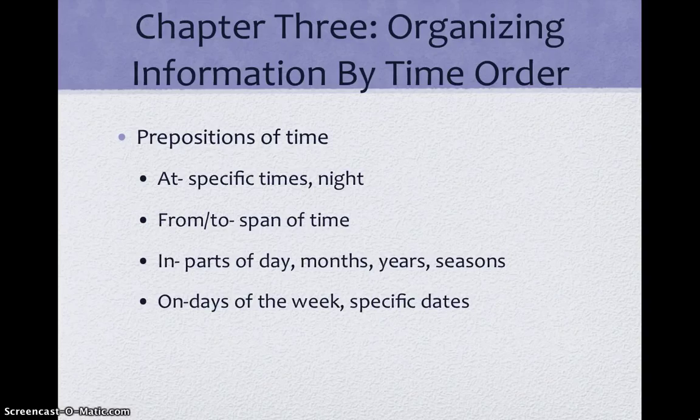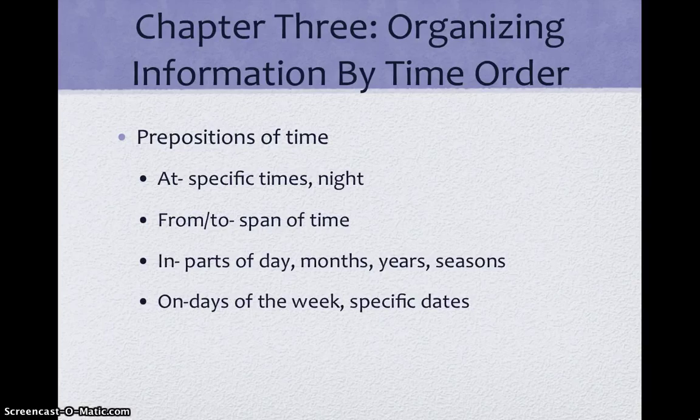At is only to be used with specific times and the phrase at night. From and to are used together to denote a span of time. In is used with parts of the day, in the evening, in the morning, months, in October, in February, years, in 1924, in 1986, and seasons, in the fall, in the autumn, and so on.